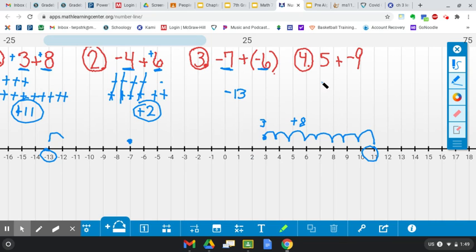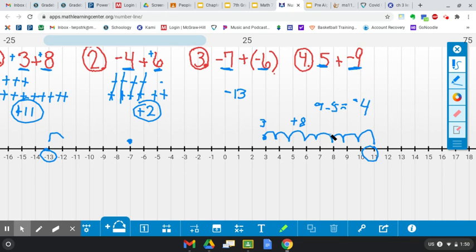Number 4, we have opposite signs. This is a positive 5 and a negative 9. So opposite subtract. So I can go 9 minus 5, and I'm just taking their absolute value. 9 minus 5, I get 4. However, the 9 is a larger value, and that's negative.